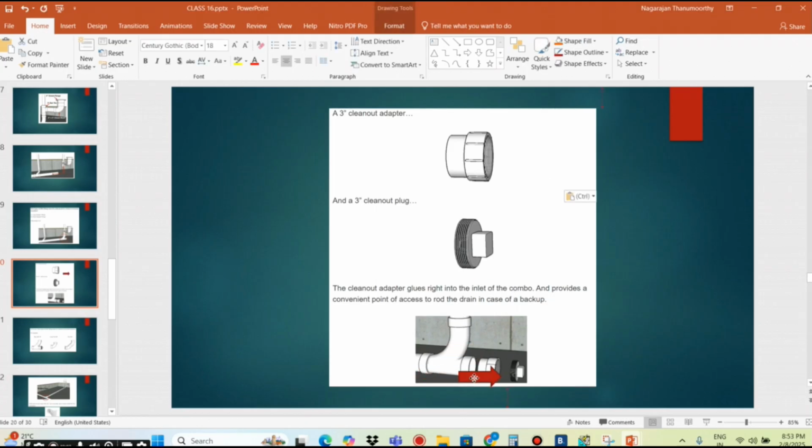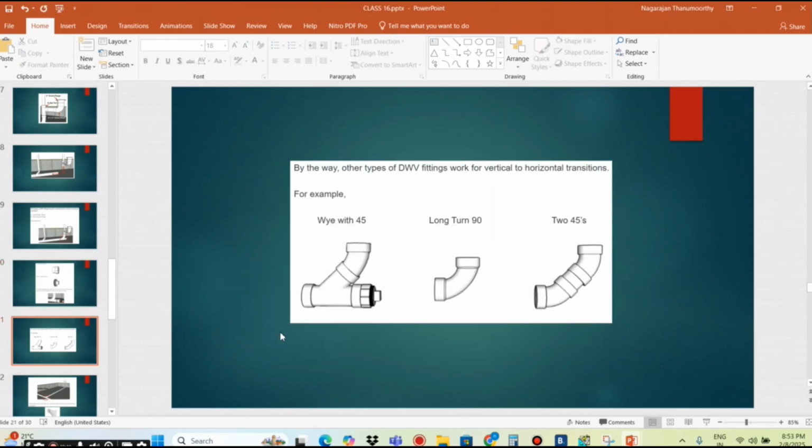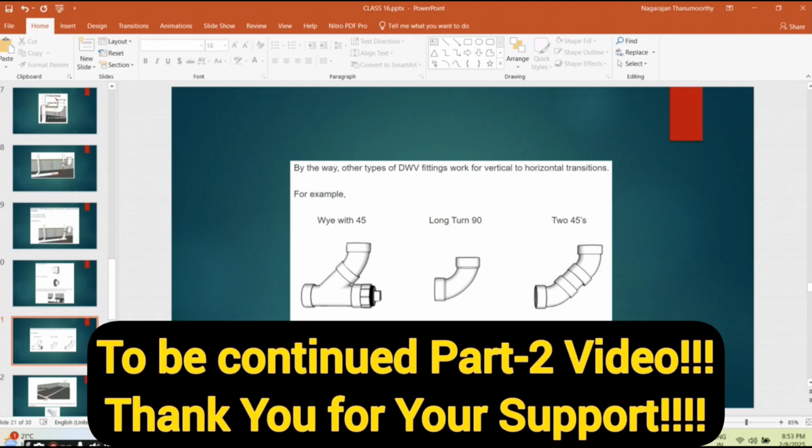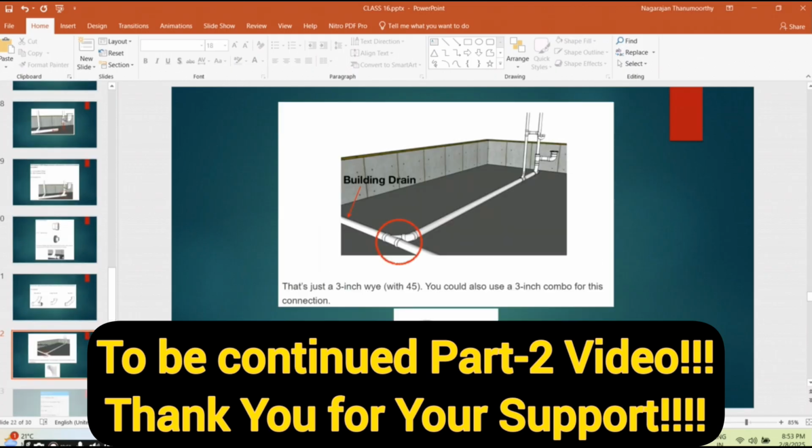After that, if you want to make the end cap at that area, you can use the adapter, then the plug. You can make this arrangement, the clean out adapter glued. We can make the arrangement here also on this side, but it is acceptable to use these three different fittings for that particular location. And as you told, it is correct, the first one on the left side, normally we are using Y pipe, Y 45.